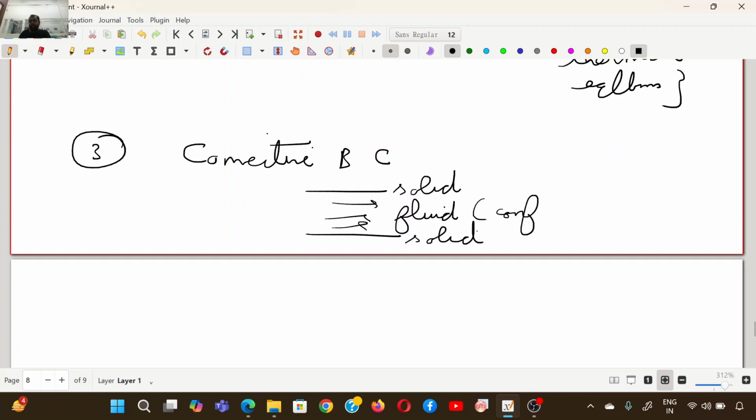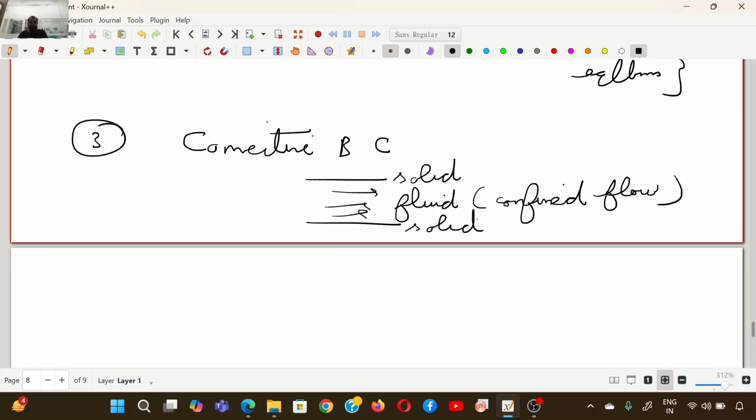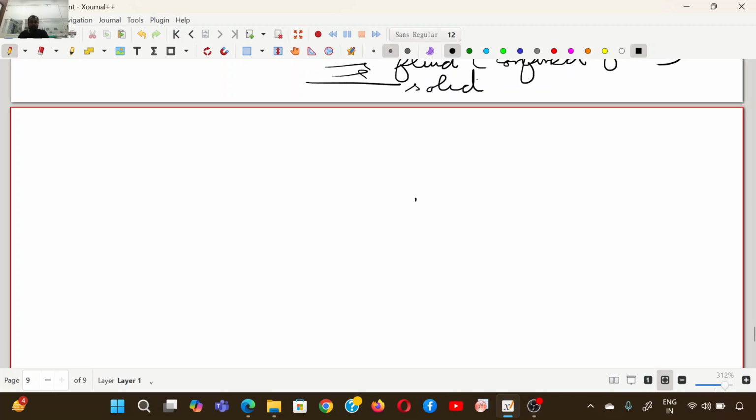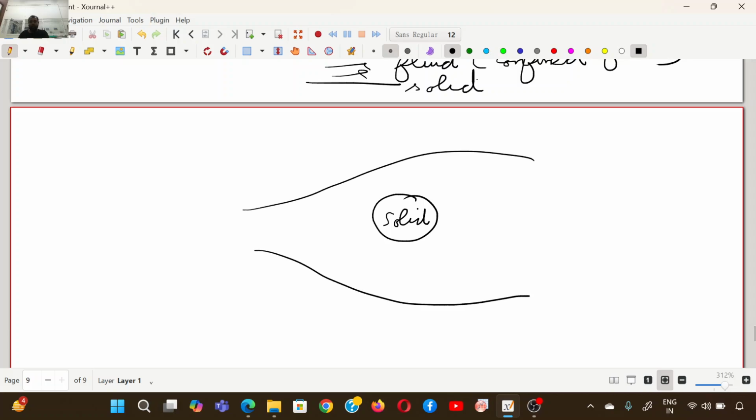So this is the case of confined flow, or it can also be like this: a solid ball and fluid flowing across it. This is a case of unconfined flow.